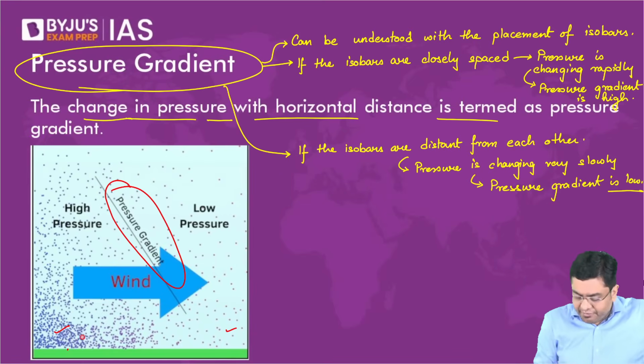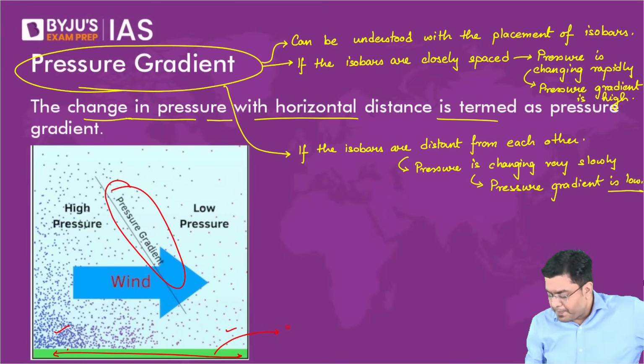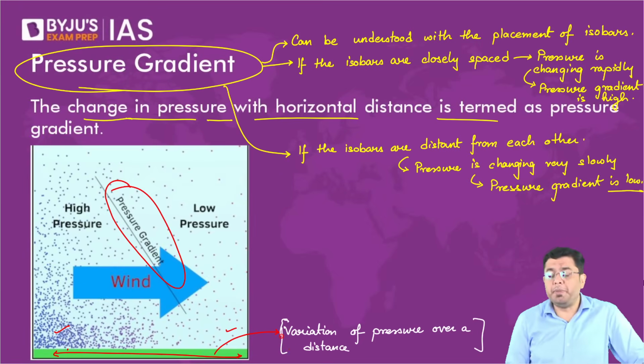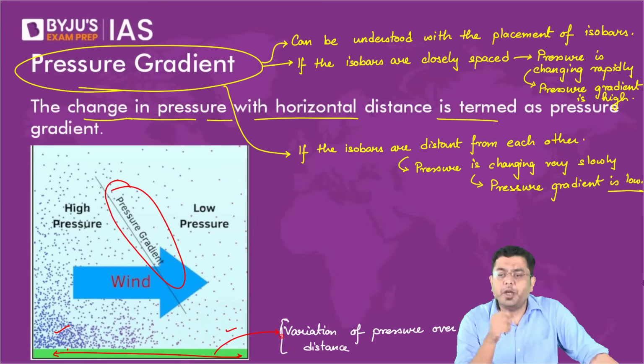This indicates the variation of pressure over a distance. So when we say a variation, it means one region will have a high pressure, one region will have a distinctly low pressure.